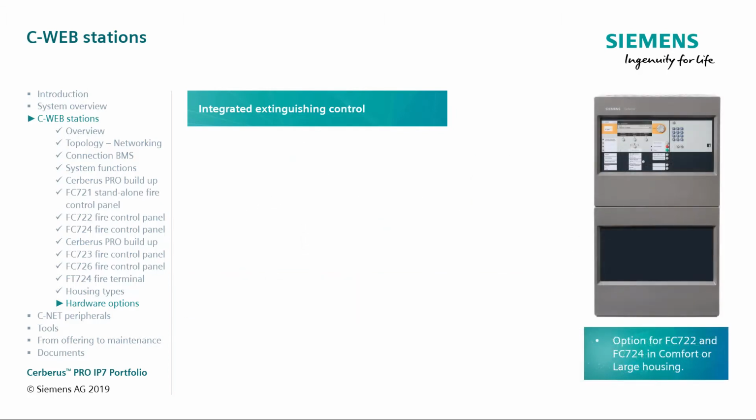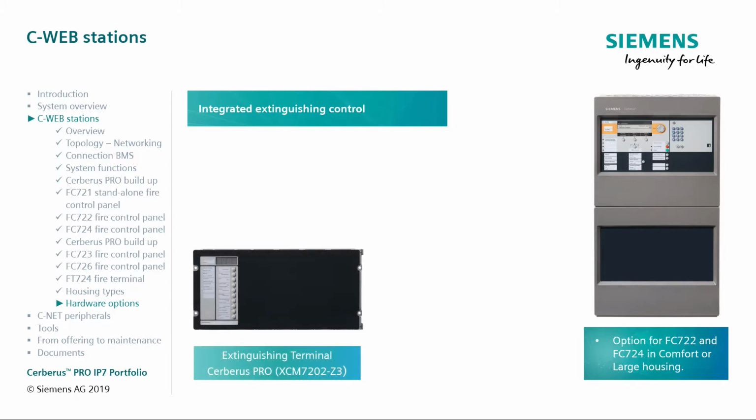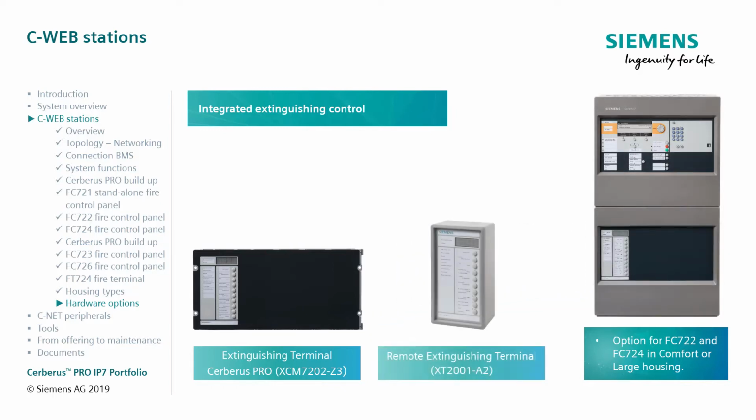To control the extinguishing sector, you have to add an XCM7202 extinguishing terminal that fits into the lower part of the fire control panels, or an XT2001 remote extinguishing terminal that can be mounted next to the fire system or in your extinguishing sector. Up to 6 terminals can be connected to one extinguishing card cage. For further details, please refer to the Extinguishing e-learning module.